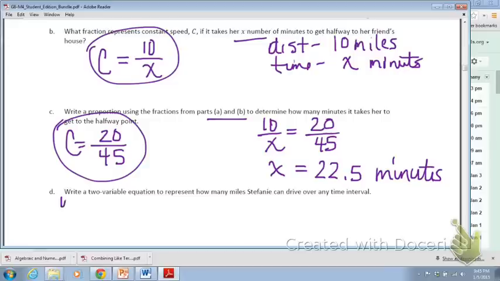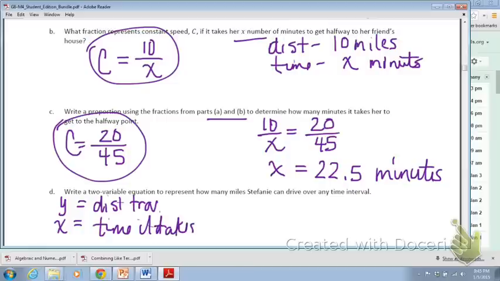So we're going to let y equal the distance traveled, and x we will let be the time it takes to run that. Okay, so the time it takes.